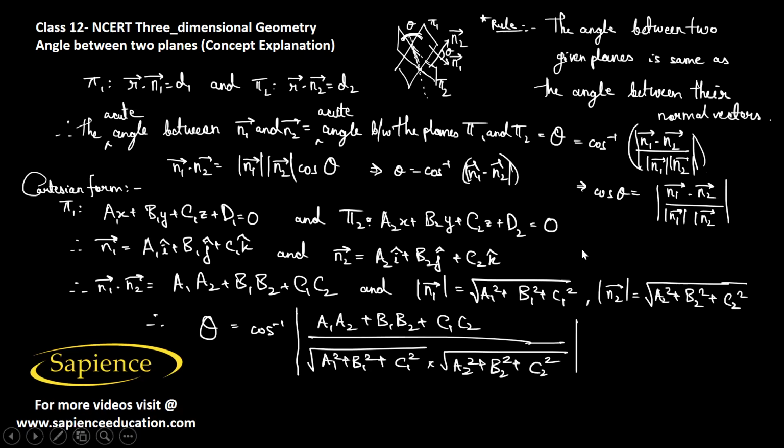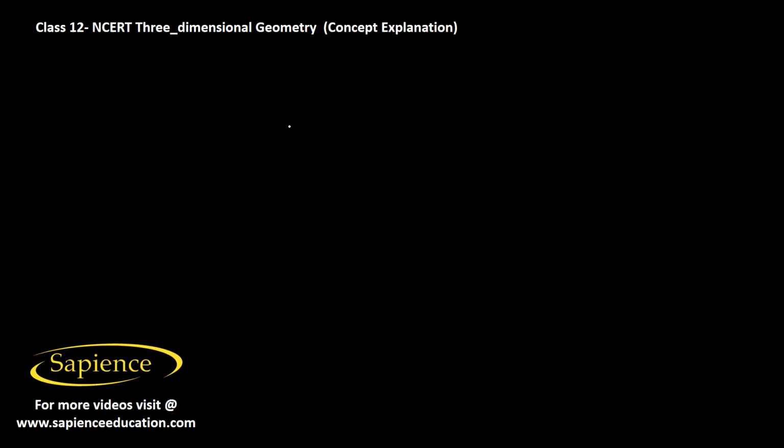So we can understand this concept by using one solved example. Here we can have some special cases. The special case one is that if the planes pi1 and pi2 are perpendicular, means if plane pi1 is perpendicular to pi2, then their normal vectors also will be perpendicular, means n1 vector also will be perpendicular to n2 vector.